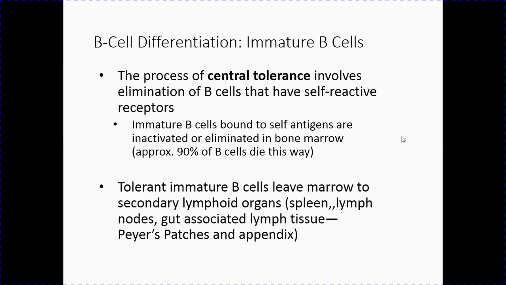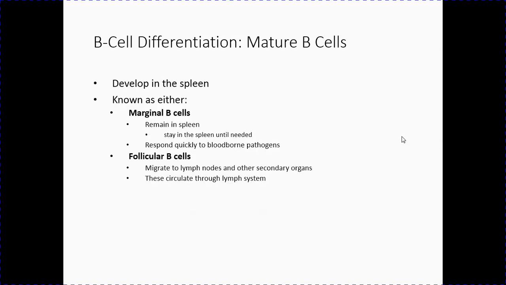At this point, the B cells are mature, they go out to the spleen, and they'll continue to develop in the spleen. They can either stay in the spleen or migrate to other tissues. The mature B cells that remain in the spleen are called marginal B cells.